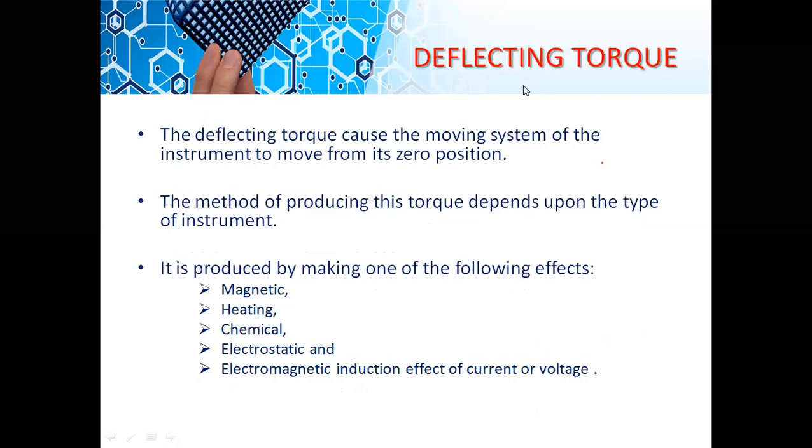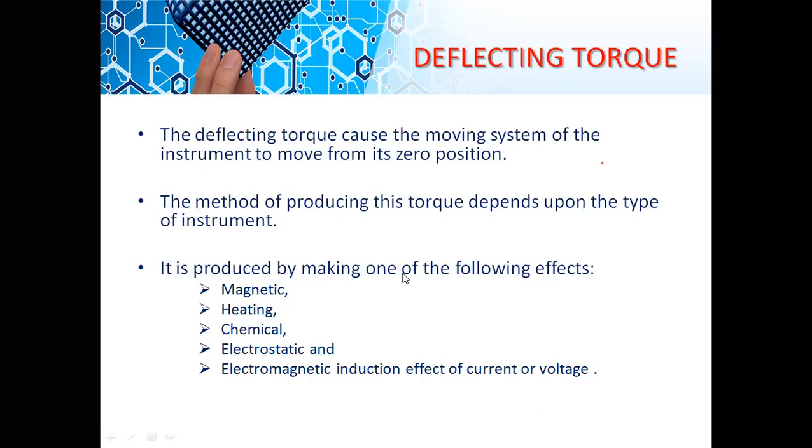We'll go to our next slide, which explains briefly about deflecting torque. As we have seen in the earlier slide, the deflecting torque causes the moving system of the instrument to move from its zero position. The method of producing the torque depends on the type of the instrument. It is produced by using one of the following effects.